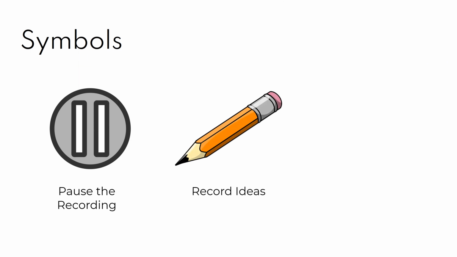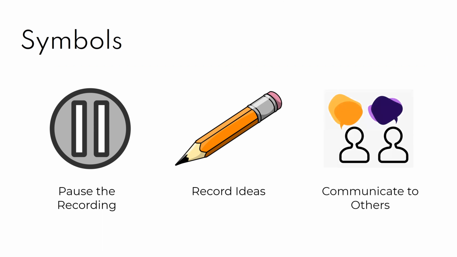I will also want you to record some of your ideas, so you're going to see the pencil throughout the professional development as well. There will be some touch points where I'd love for you to communicate with other people. In that communication, share some of the things that you're learning about, but also let's plan together based on some of these ideas. So make sure you're paying attention to those symbols.